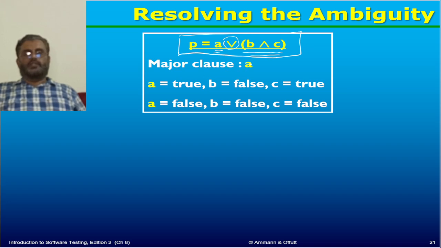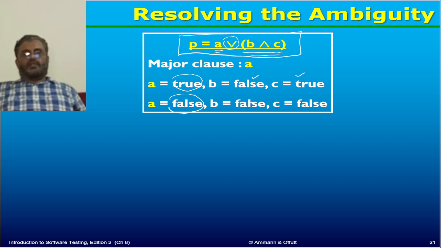If A is the major clause, it must change value from true to false as shown here. But on the right hand side, we can make this right hand operand of OR false by setting B as false and C as true, meaning false and true will be false, and in that case A will be determining the whole predicate.